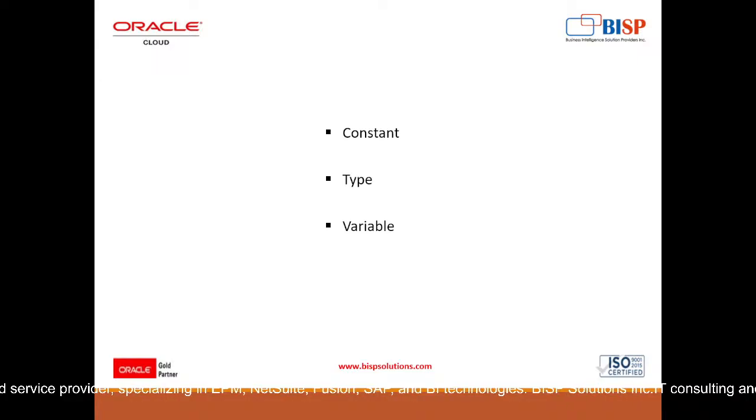Now let's see an example. It should contain a date. We will write the date, then give a space, and in single quotes we are going to provide the date in the format you want, and we'll do the same for all the other constants. Let's move to type.